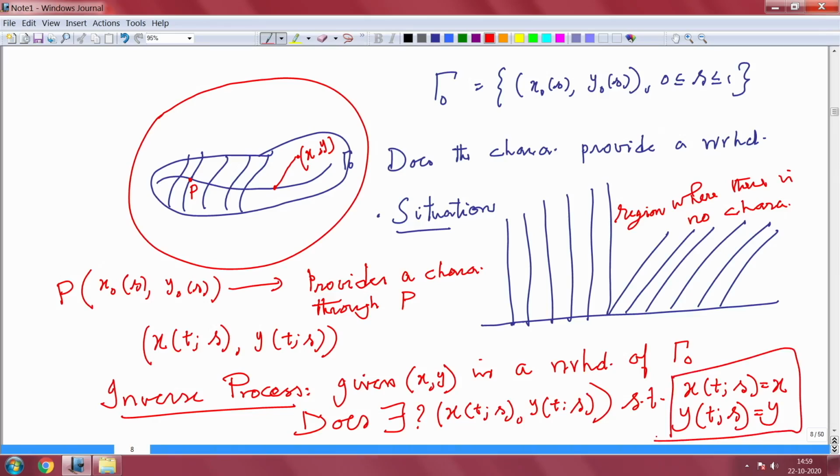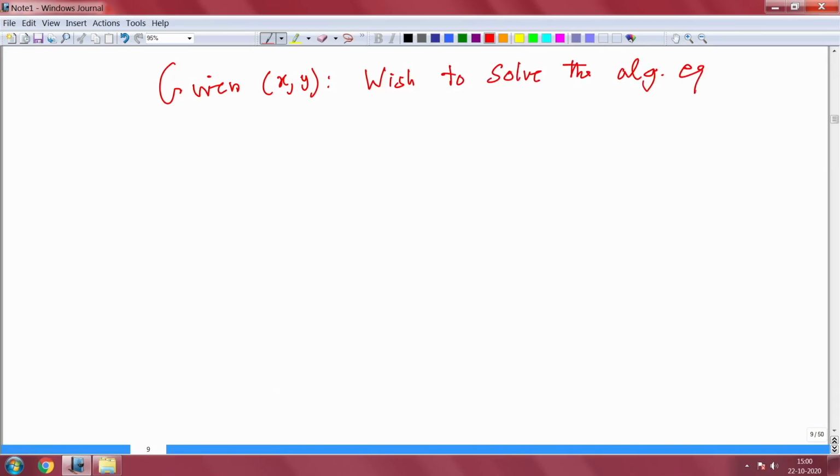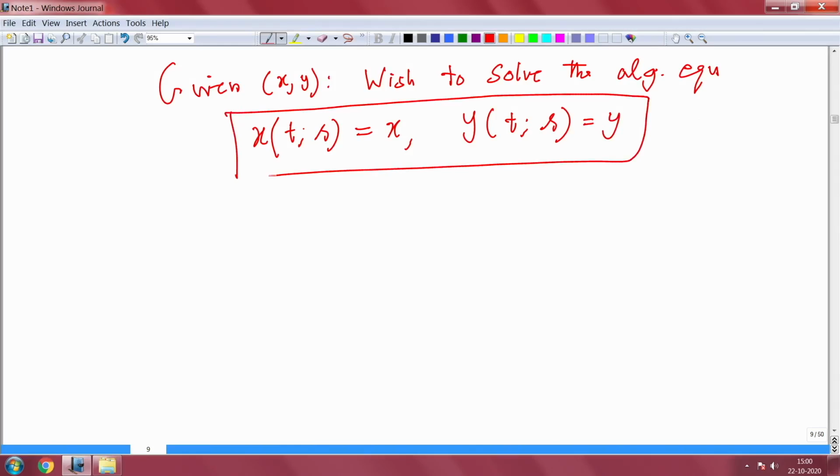So, given (x, y), we wish to solve the algebraic equations x(t, s) equals x and y(t, s) equals y.